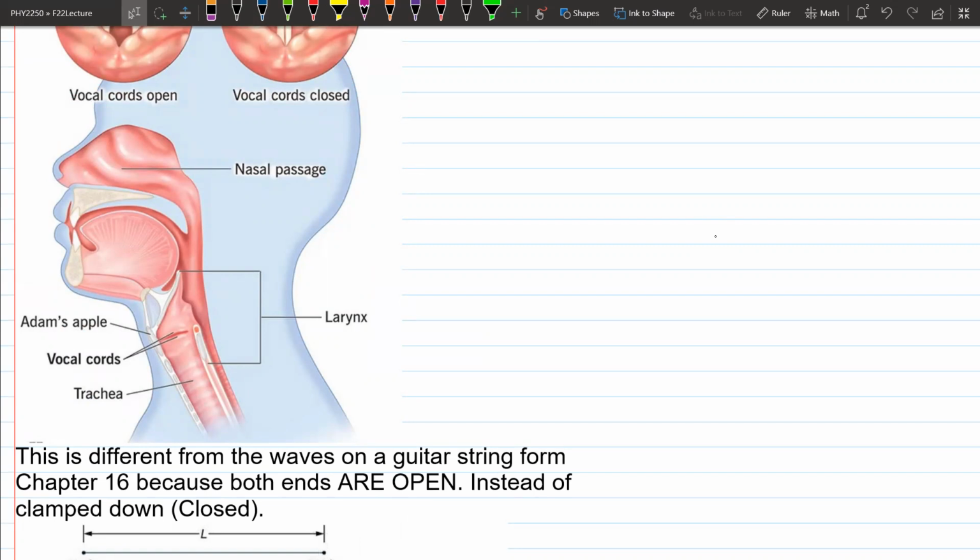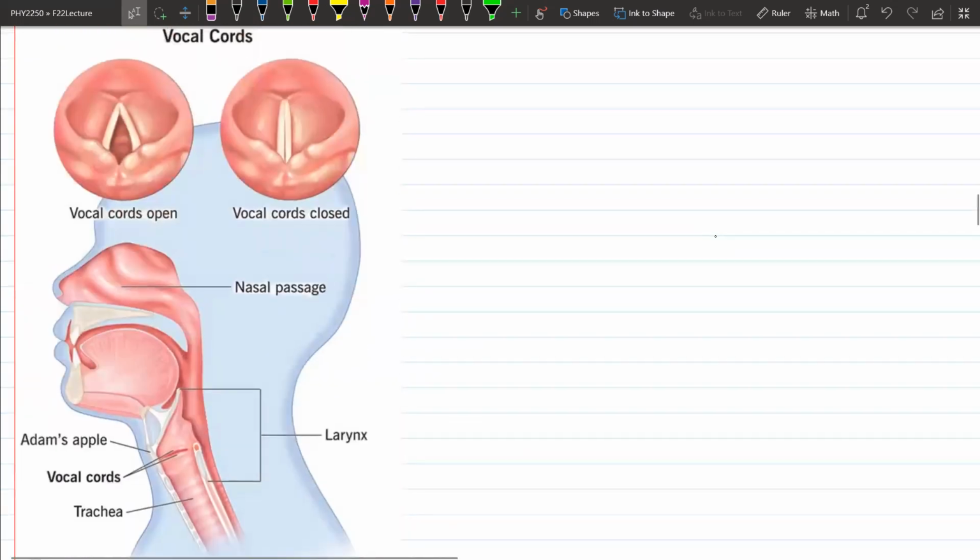There's actually a picture of it up here. This vocal cord is really a little muscle that opens and closes and allows you to change the diameter of the opening in your trachea. This, in combination with your tongue, can change the shape of your trachea plus your mouth, and this allows you to create different pitches of sound.